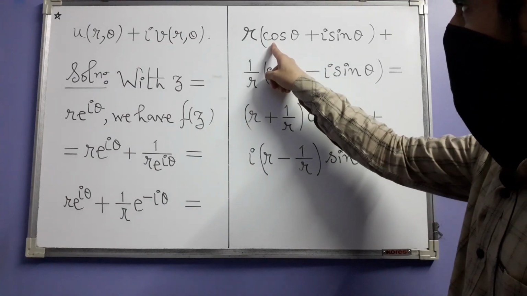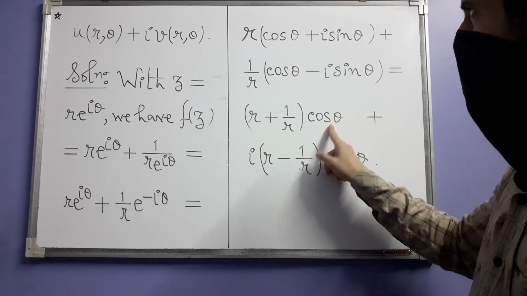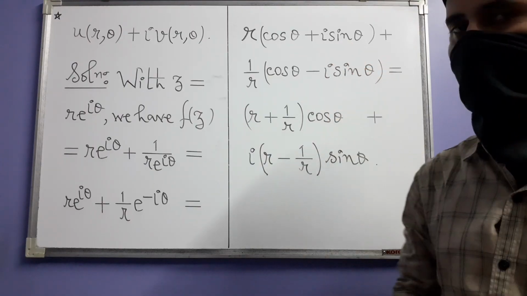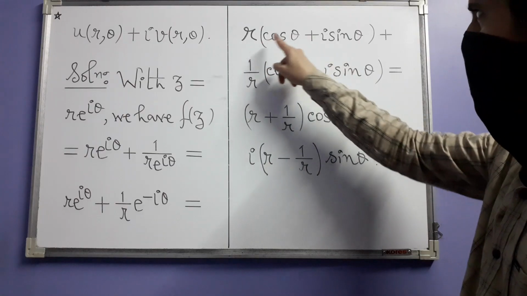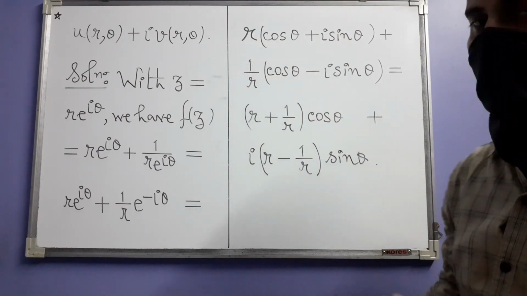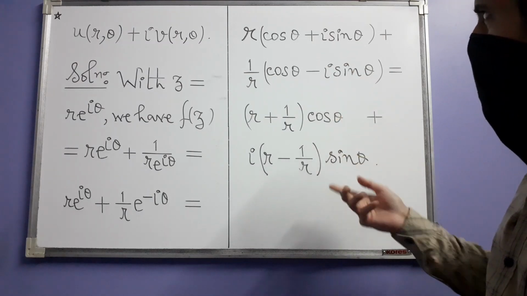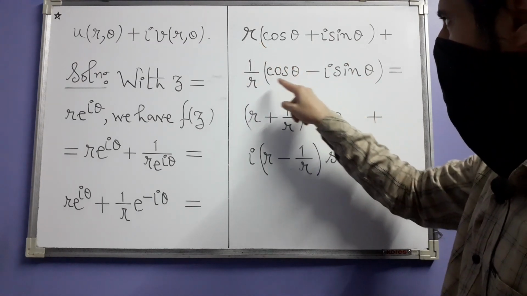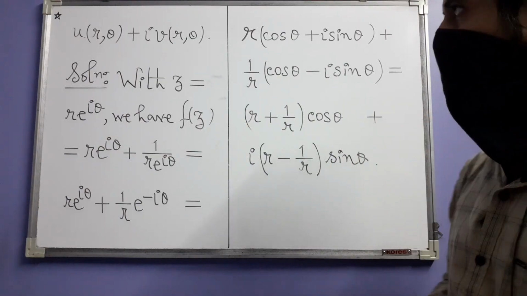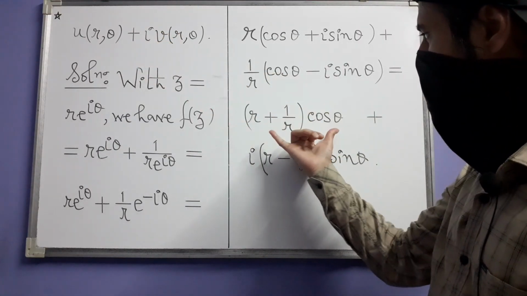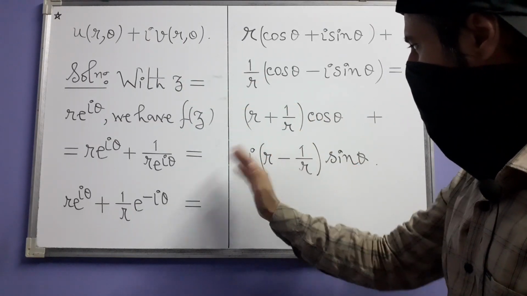The real part will be r plus 1 divided by r times cos theta, and the imaginary part involving i would be i times r. Don't forget that there is an r multiplied with this r times sin theta, but sin theta is also a common term, so you just have r minus 1 divided by r times sin theta. So your u of r comma theta is this and v of r comma theta is this, not including that i.